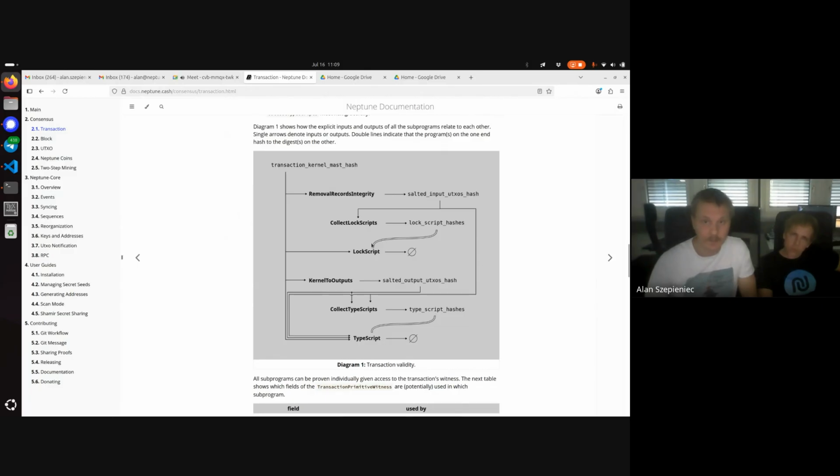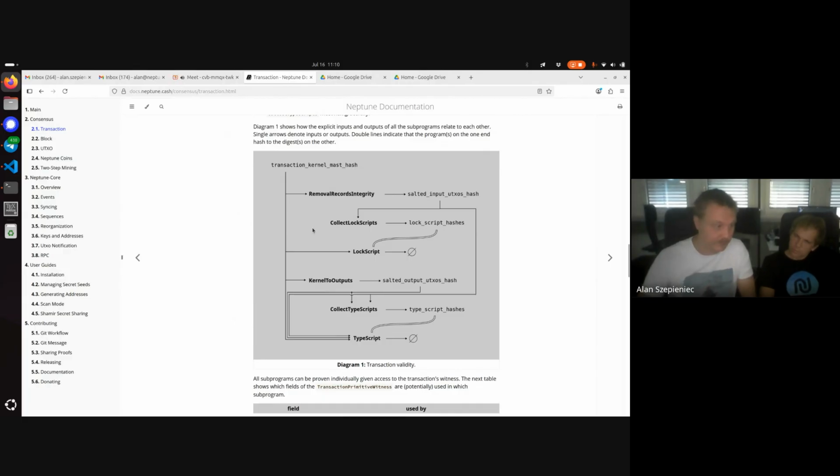So in the removal records integrity program, we look at the transaction kernel and produce a hash of the list of input UTXOs that corresponds to the removal records that are the inputs field, right? So remember that a removal record is a cryptographic commitment to a UTXO, so we're interested in the list of pre-images under that mapping.